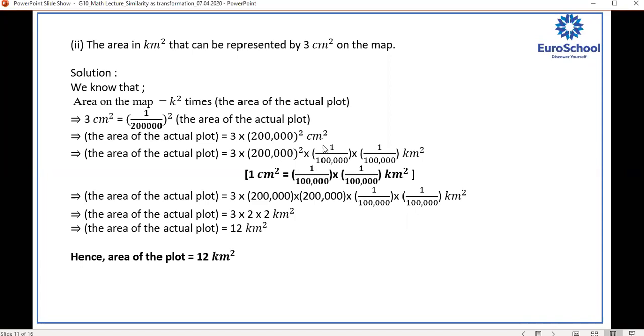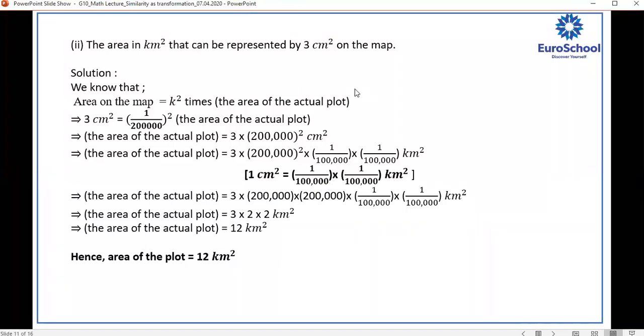I'm writing my conversions because we have 10 zeros in the denominator and here we have 5 into 5. It means 10 in the numerator. So we can easily cut all the zeros, right? So 3 into 2 lakh square into 1 upon 1 lakh into 1 upon 1 lakh kilometer square.